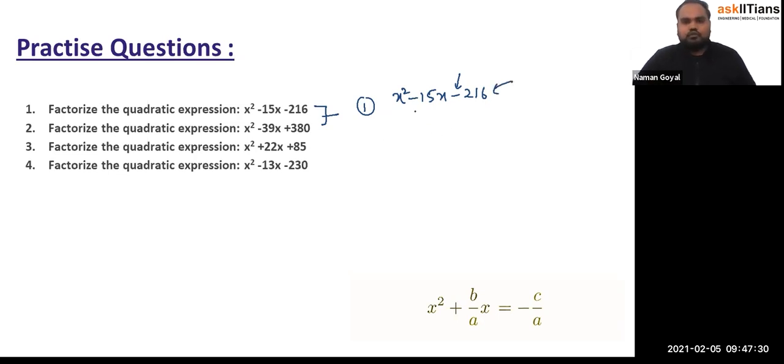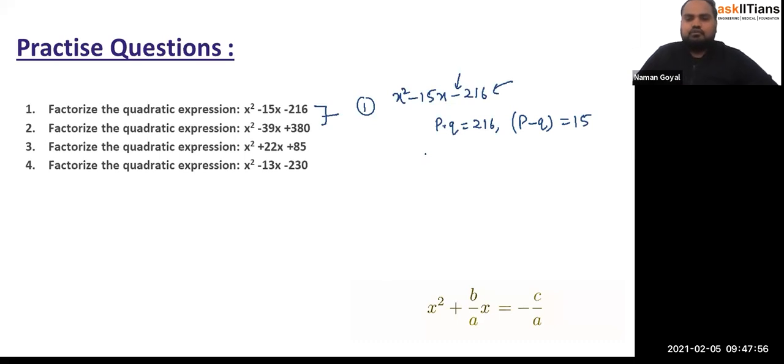That is, p times q is 216 and p minus q is 15. It totally depends upon this sign. If there is a plus, then you have to find two numbers whose sum is 15, and if there is a negative sign, then you have to find two numbers whose difference is 15.